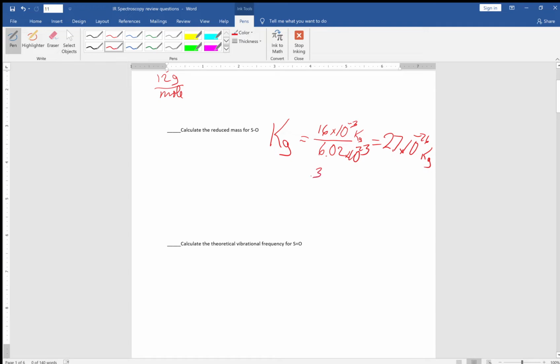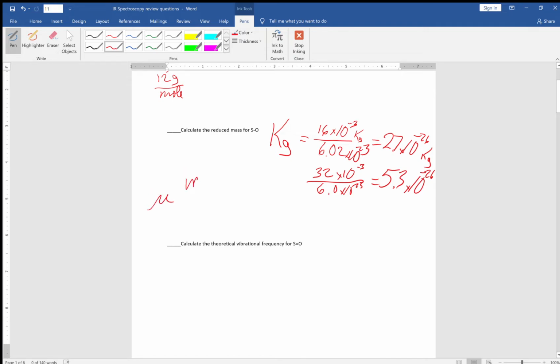Sulfur would be the same process, which would give us a mass of 5.3 times 10 to the minus 26th kilograms.